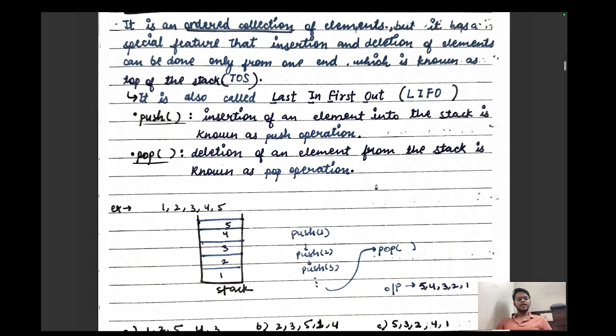So basically, in a stack, if we push an element into the stack from one end, then similarly we have to delete elements from that end only. I'm drawing one stack. Here we have value 1, here 2, here 3. This stack is created by pushing value 1 first, value 2 second, and value 3 third.